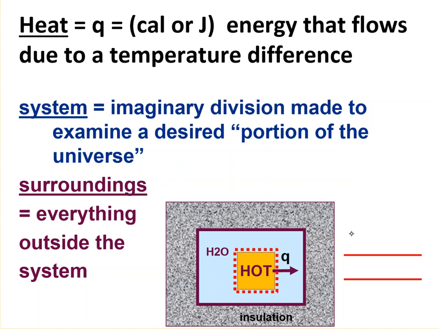So this is called an open system, and it's called open because energy is crossing the boundary. The hot object is going to be losing energy, in the form of heat, to its surroundings, and its surroundings will warm up. So that's an open system.